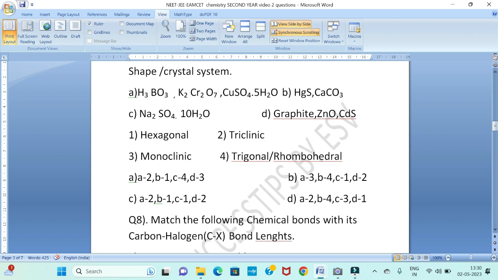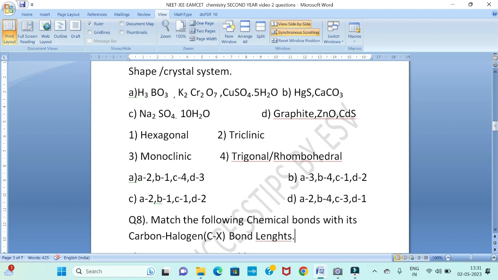For two compounds, the same shape. For this, only one compound. These are three compounds: graphite separate, zinc oxide separate, cadmium sulfide separate. So for these three compounds, what is the shape or crystal system?